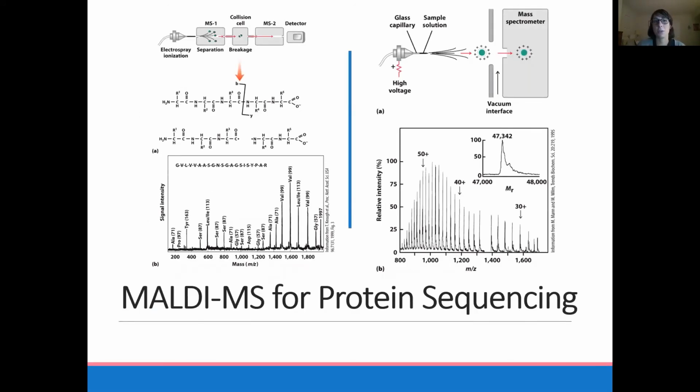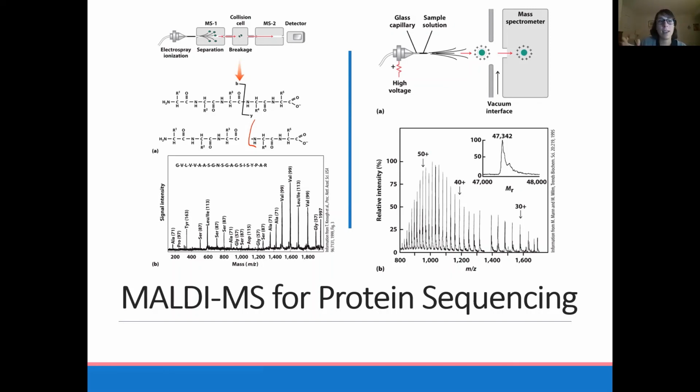Here is just a pictorial example of how protein sequencing can be done using mass spectrometry. Essentially, what you do is add in your whole peptide sequence, and this whole peptide sequence will then be broken into chunks, and it will be broken after each amino acid.